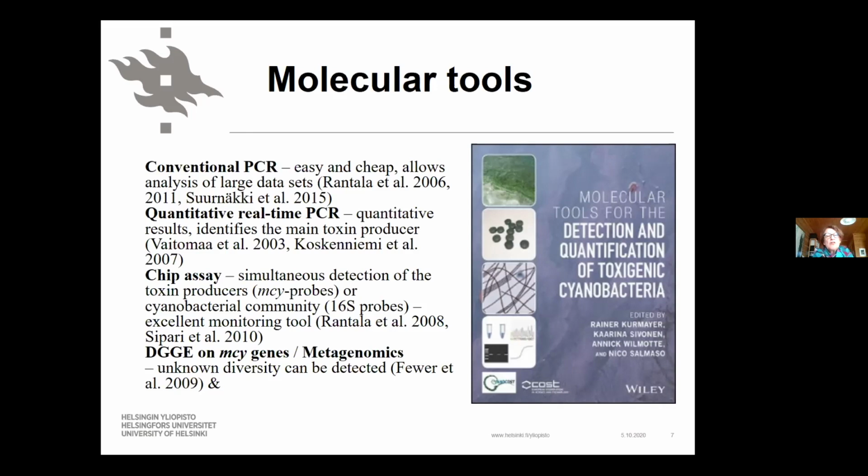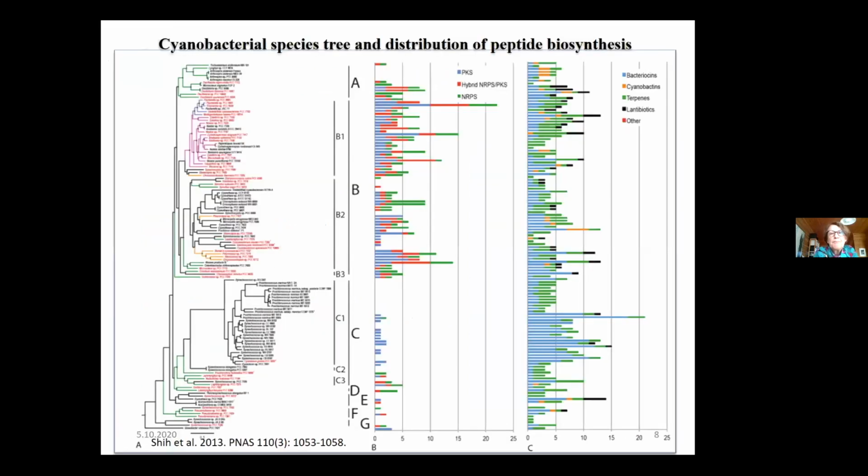Then there are also other methods like DGGE on mcyE genes and metagenomics, where unknown diversity can also be detected. And in the same COST Action, we also made a book, Molecular Tools for Detection and Quantification of Toxigenic Cyanobacteria. So that is available if you are interested.